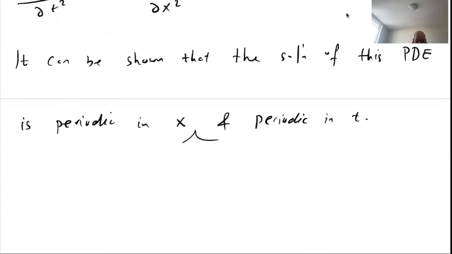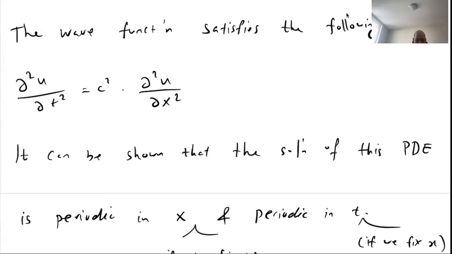Periodic in x, we mean if we fix t, and periodic in t means if we fix x. And c is a constant here. So see that if you look at this equation, the partial derivative of u with respect to t is related to the partial derivative of u with respect to x. So there is an equation involving partial derivatives of u. So this is called a PDE, partial differential equation.